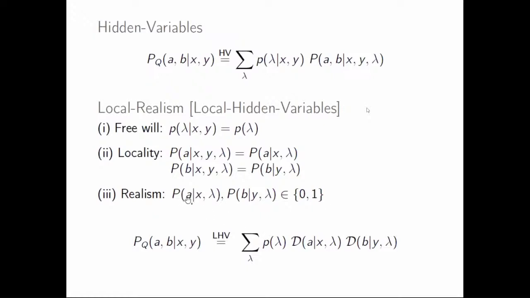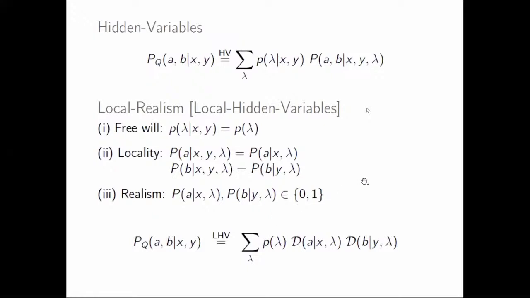So outcomes of Alice and Bob are completely determined. The probability of any outcome is either 0 or 1. So it is deterministic.